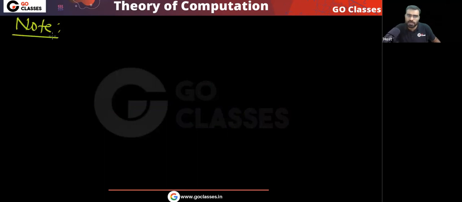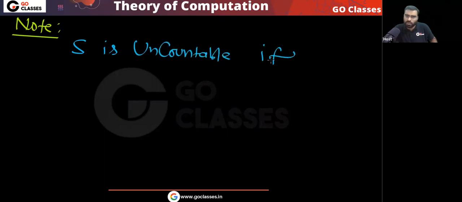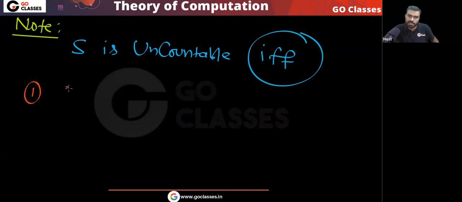This is the conclusion: an infinite set S is uncountable if and only if... see, very simple. When can I say S is uncountable? Set S is uncountable if and only if two things must happen.